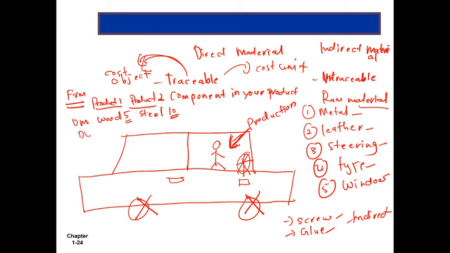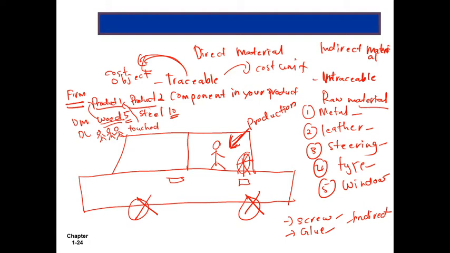Now direct labor is someone who will assemble this product into a finished product from raw material. You just buy wood, then this person will assemble the wood to become a product. The one who touches your product is considered direct.